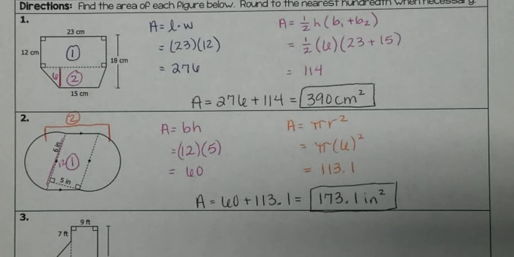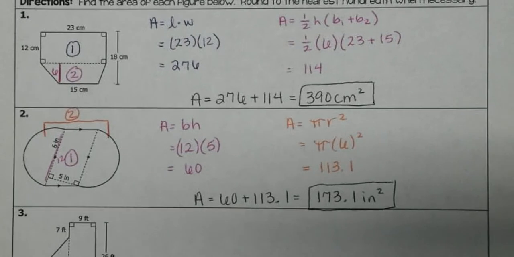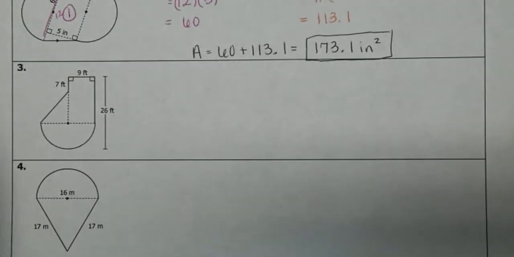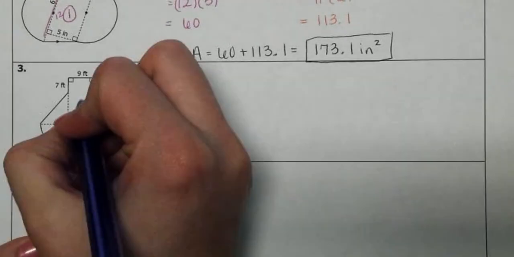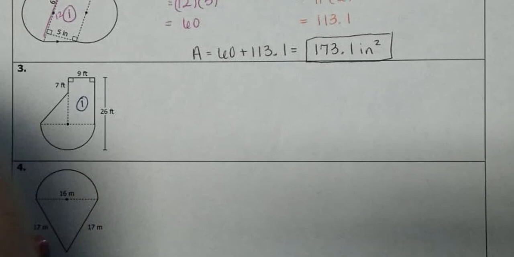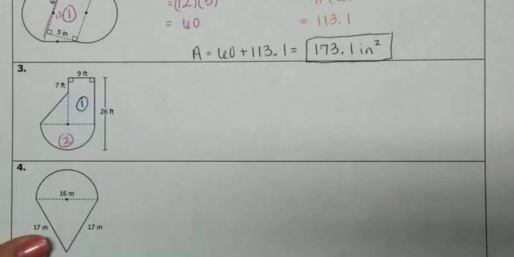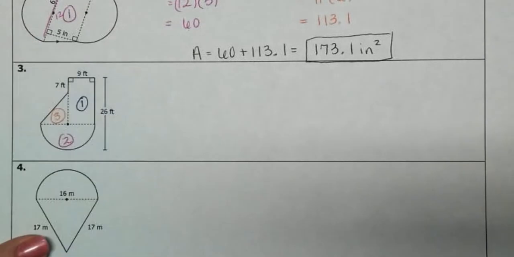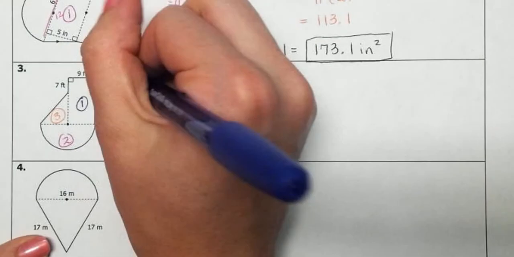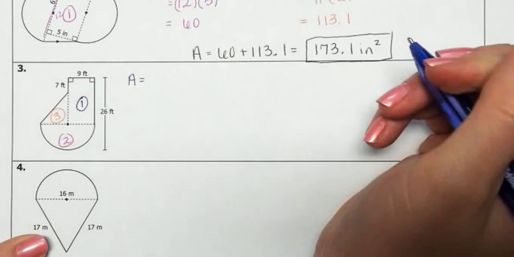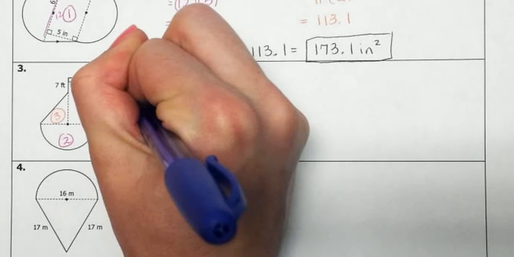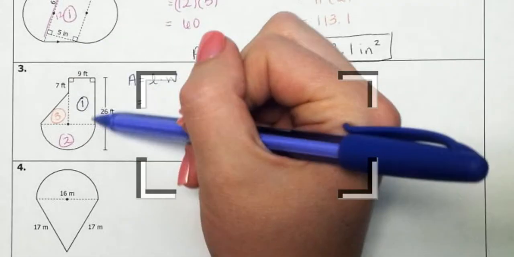Okay, let's go into the next problem. So I have 3 different areas here. I'm going to name my rectangle 1, my half circle 2, my triangle 3. We'll start with 1. My area of figure 1 here is a rectangle, length times width. I don't know my whole length here, okay?